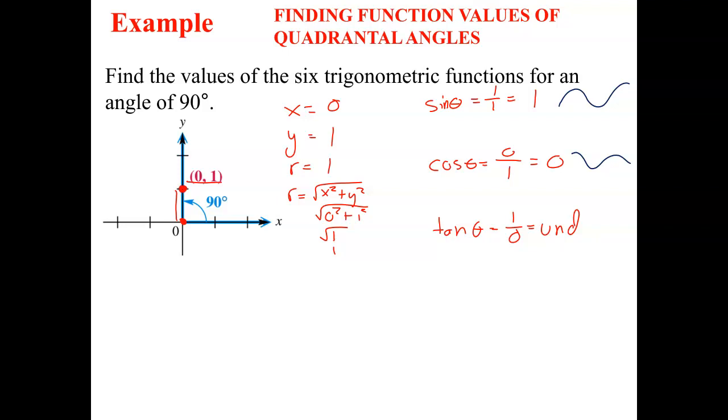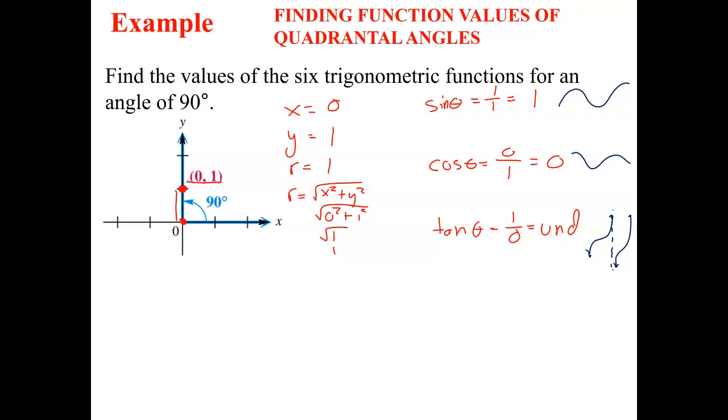But tangent, because we have these portions where tangent's undefined, whenever I draw tangent, I get this little sideways S, and then I have a jump, and it starts back up again. So at those asymptotes, that jump, that's where tangent is undefined, and then we continue in that pattern.